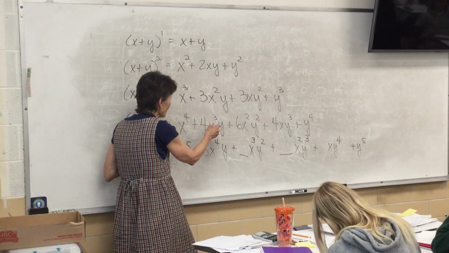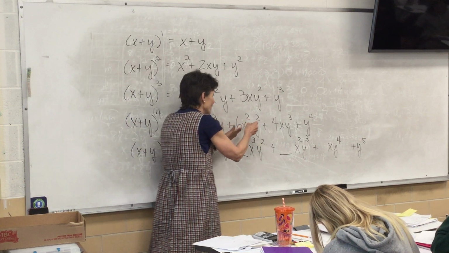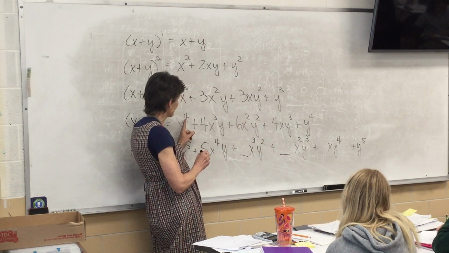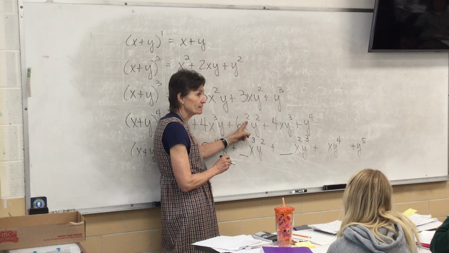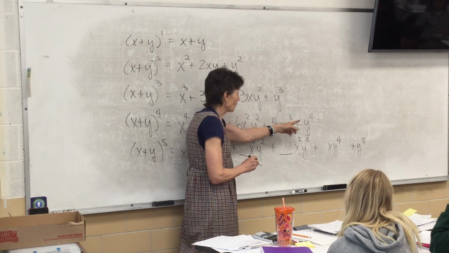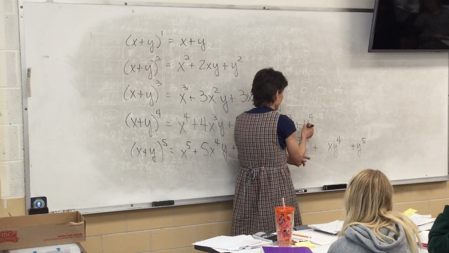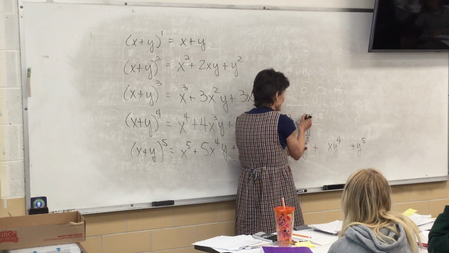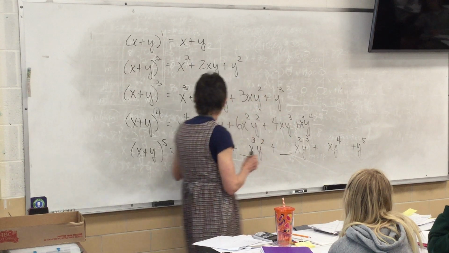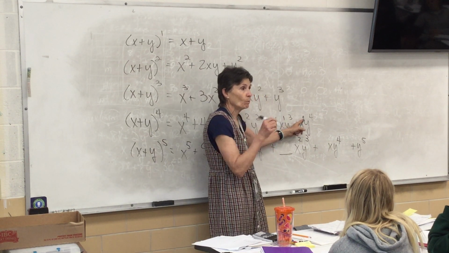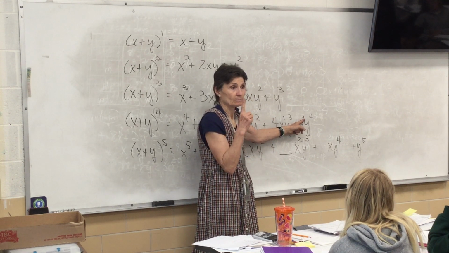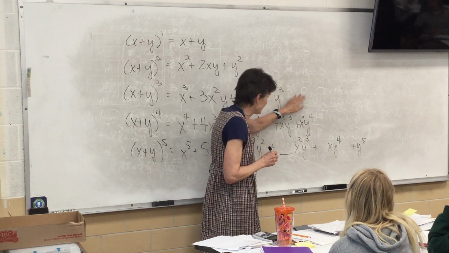And then as we went down the row of terms, what happened to those x exponents? They went down by 1. Now, when we got to the end, this one is actually an x to the 0. It went 4, 3, 2, 1, 0. But what's x to the 0? 1. So we don't normally write it down.